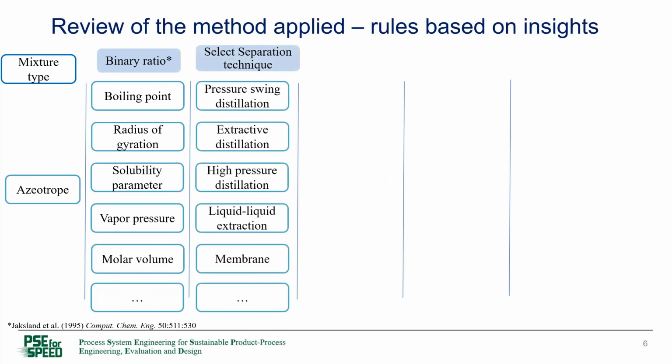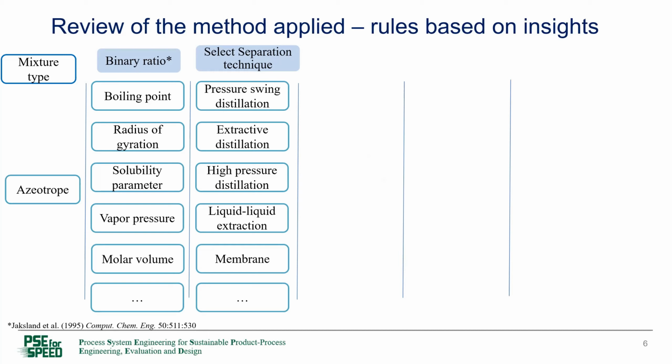Why is this ratio important? Because every separation technique is exploiting one of the differences of those properties. Like distillation is exploiting the difference in boiling point or vapor pressure. Liquid-liquid extraction is looking at the solubility. Membrane is looking at the molar volume.